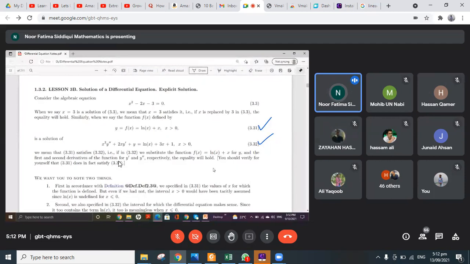Okay, y is equal to ln x plus x. This is one equation. If you differentiate this equation y, which is 3.31, with respect to x, you will get y prime. Y prime will be the derivative of ln x, which is 1 over x, plus the derivative of x, which is 1. All of you have the same first derivative, 1 over x plus 1.